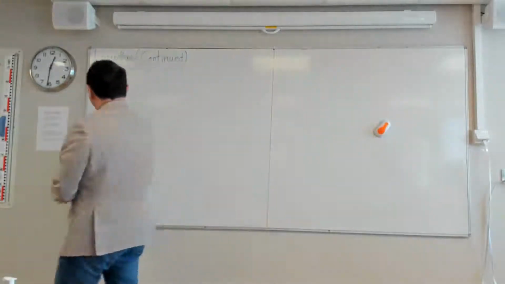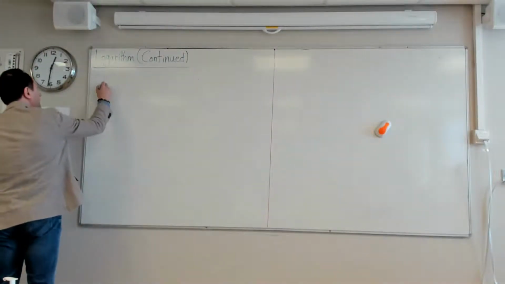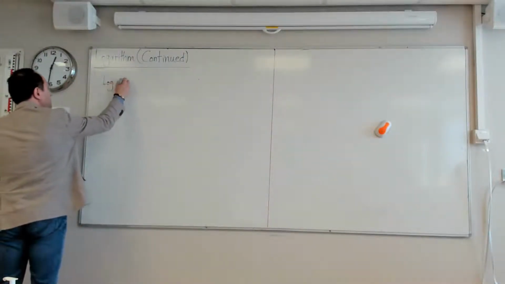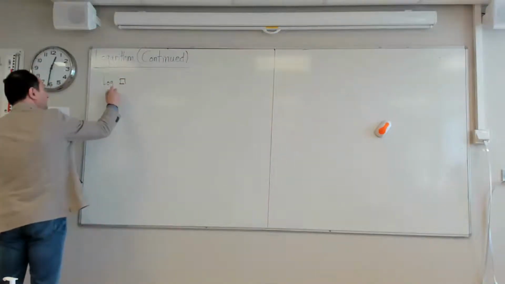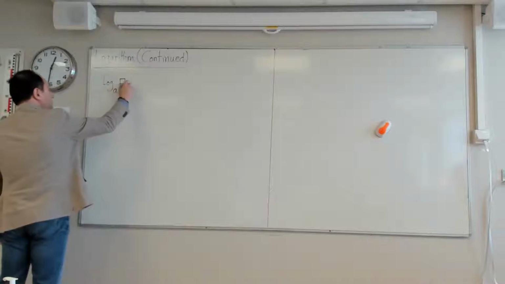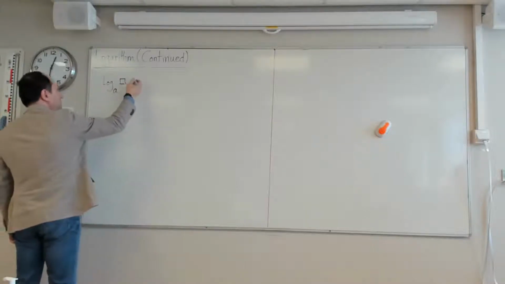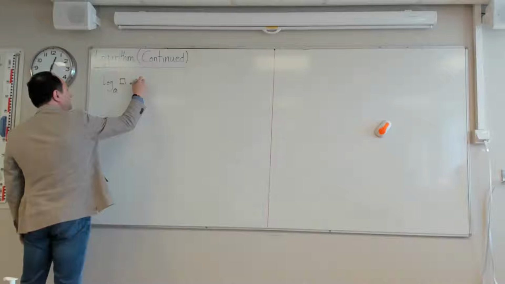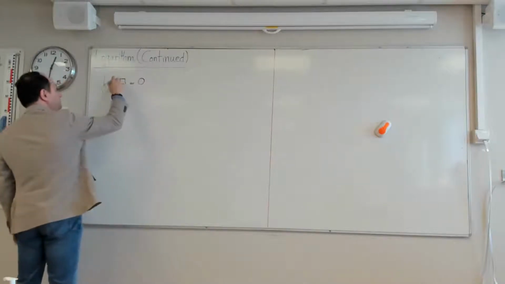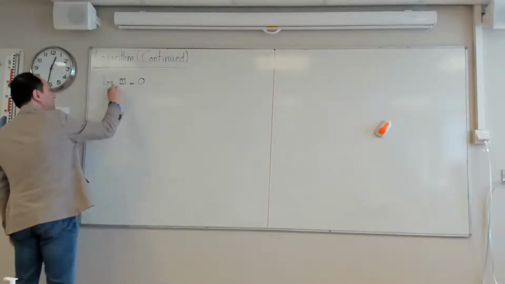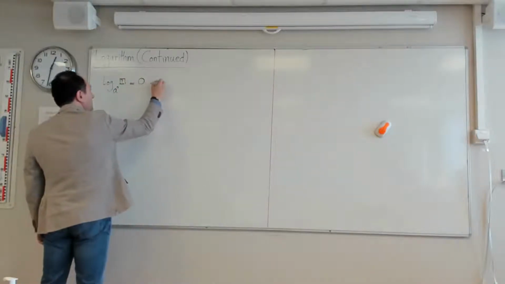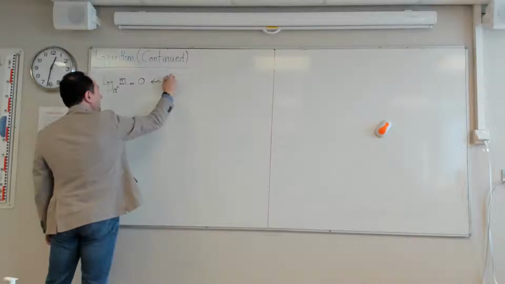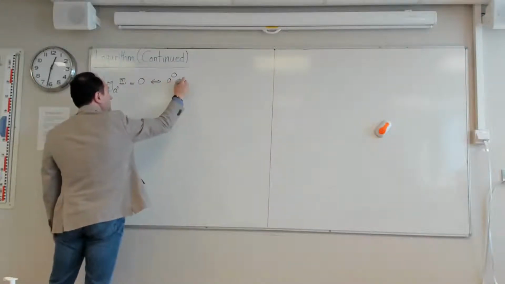Either you get the log of a box in base A, as usual, equal to a circle, where something is missing in the box or the circle. Then you know this is equivalent to saying that A to the power of the circle is equal to the box.